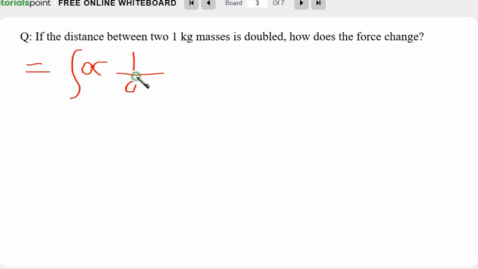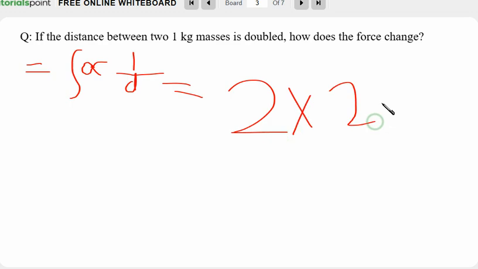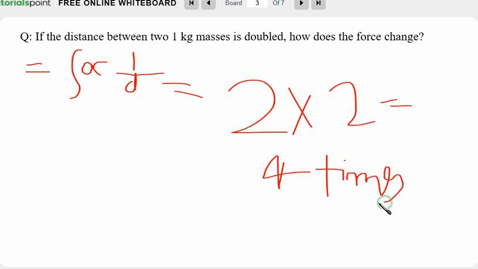Here, as the distance between two 1 kg masses is doubled, we get 2, and hence the force changes by 2 squared, which is simply 4 times. So this will be the answer to this second question.